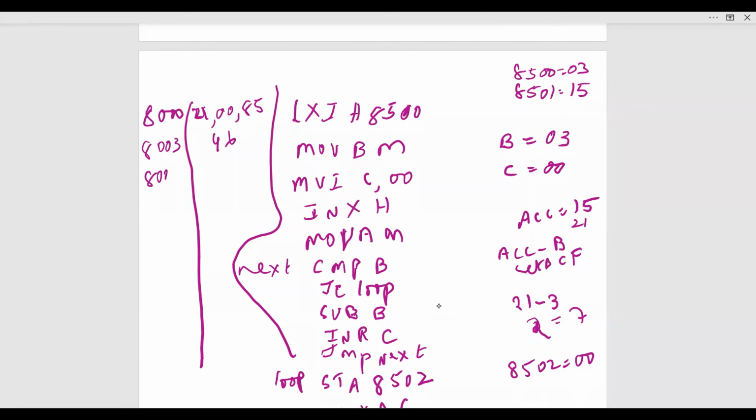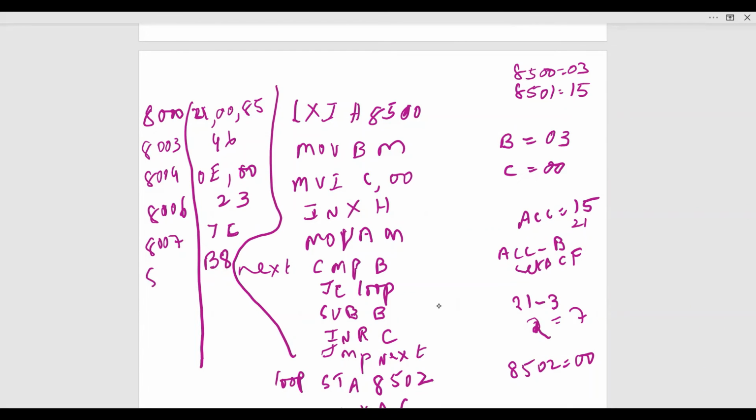Next, MVI C has opcode 0E and it is a 2-byte instruction, so it is 0E, 00. Increment H is a single byte instruction and it has opcode 23. Move A, comma M is also a single byte instruction and its opcode is 7E. And compare B is also a single byte instruction and its opcode is B8.